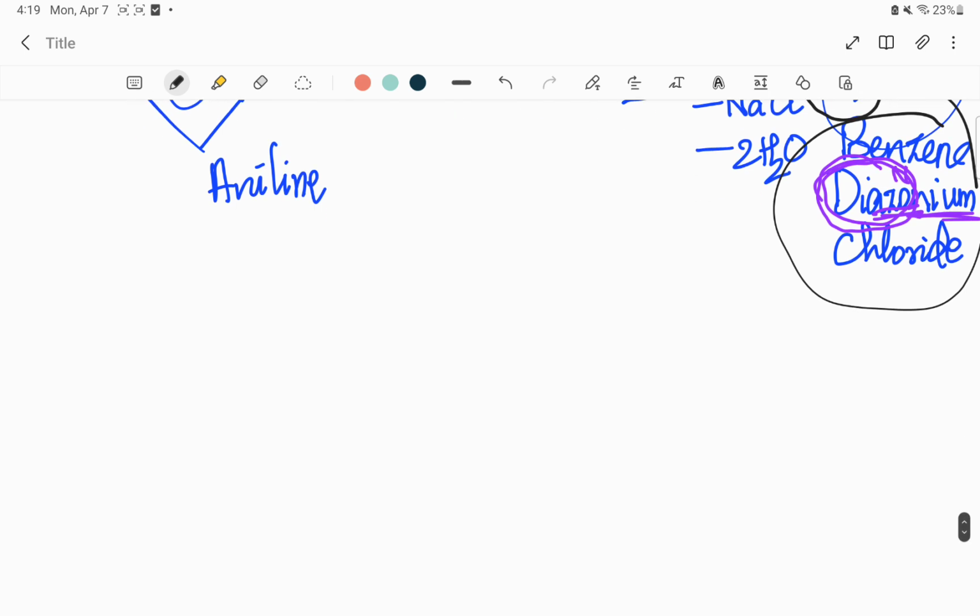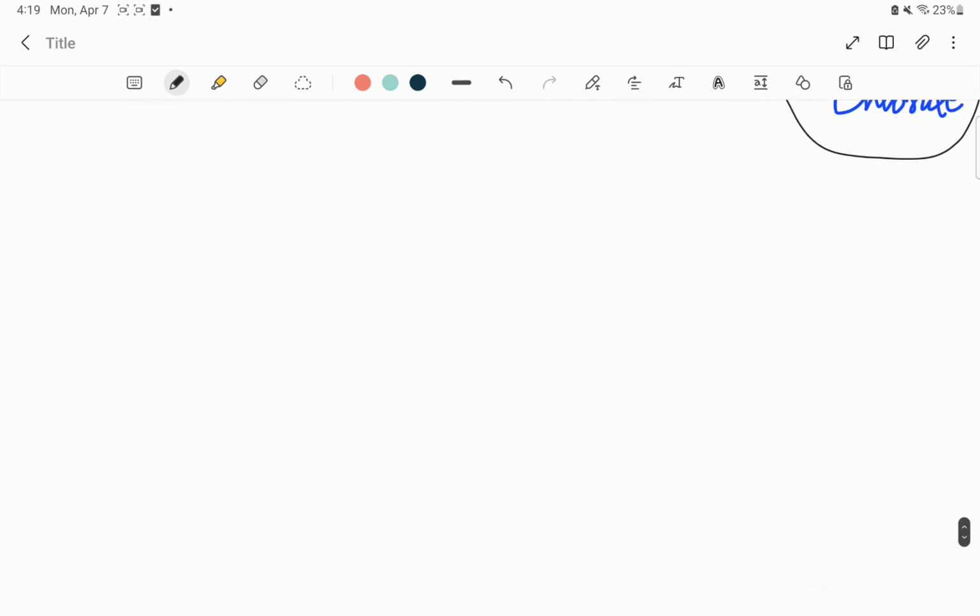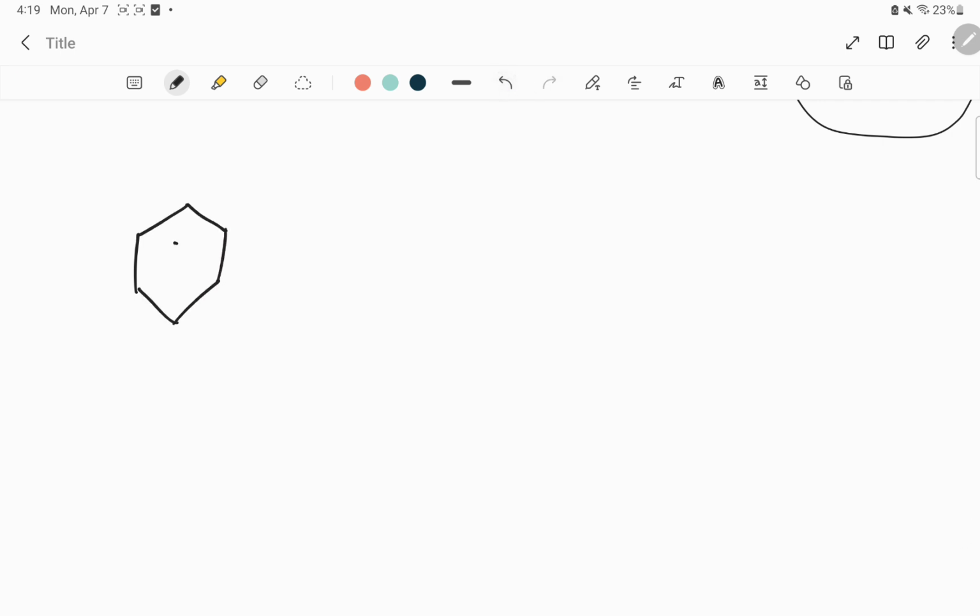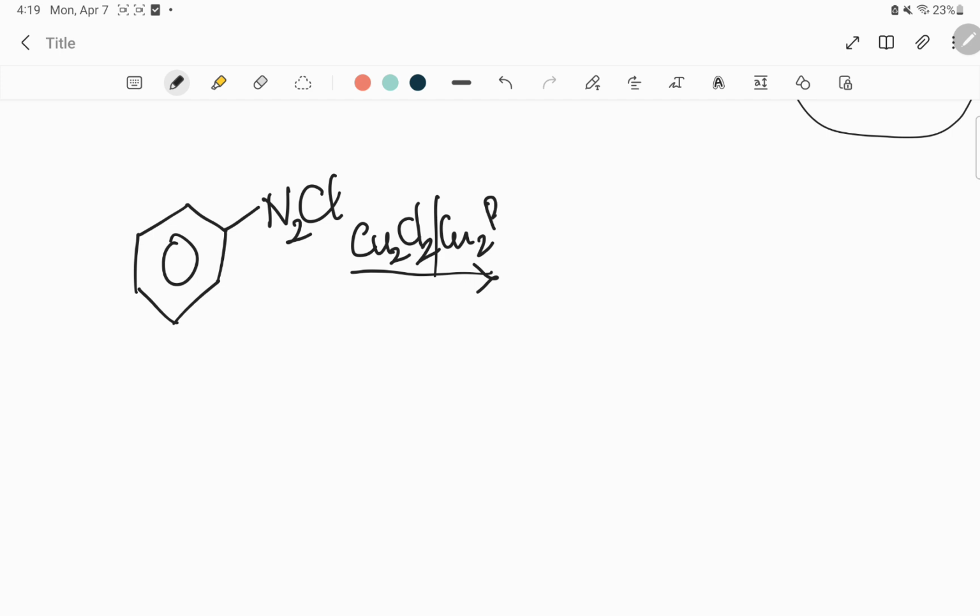Now the second step is actually Sandmeyer's reaction. That is, if you have a diazonium salt like benzene diazonium chloride, and I am treating it with Cu2Cl2 or Cu2Br2 or KI or KCN, then this is Sandmeyer's reaction.